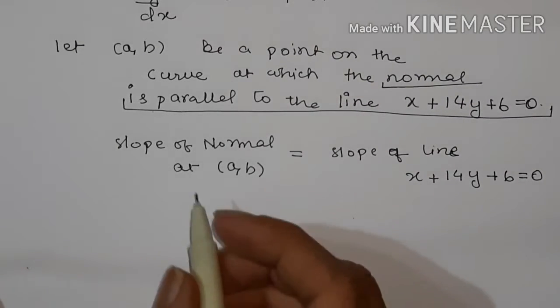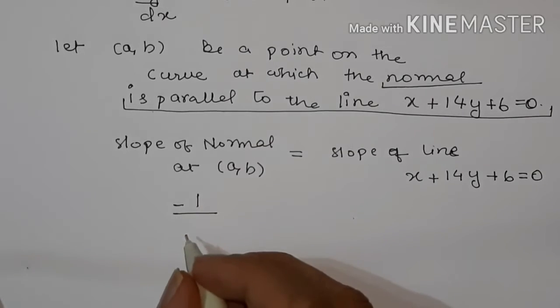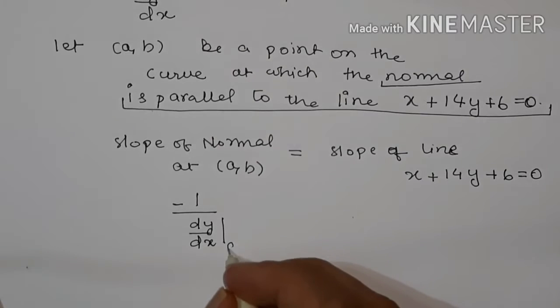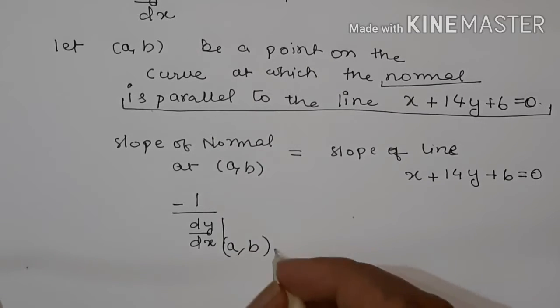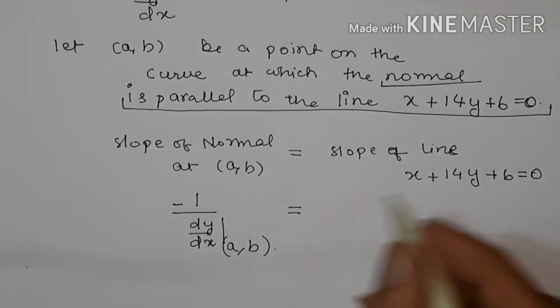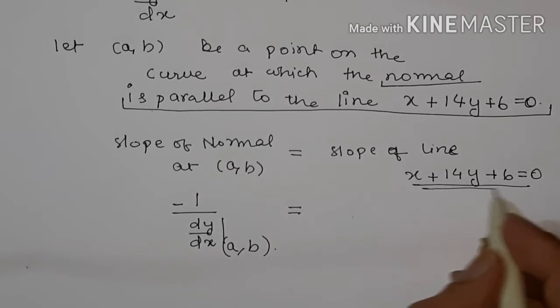Now what is the slope of the normal? You know that it is minus 1 divided by dy by dx at the point a comma b. This is the slope of the normal, which is equal to the slope of this line.